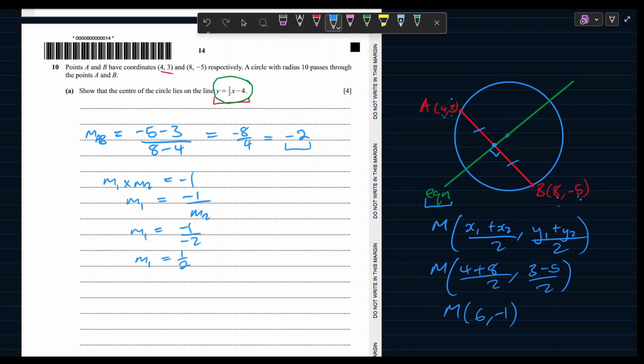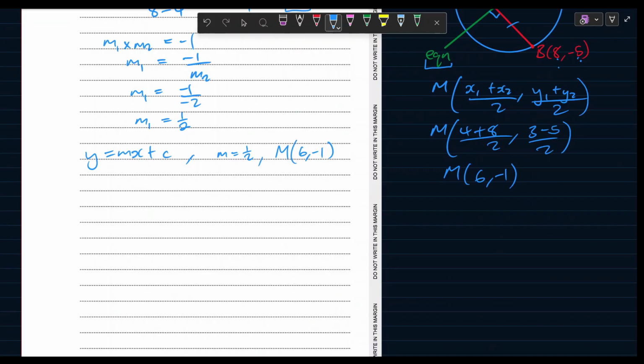All right. So now we've got the gradient of our perpendicular bisector as well as a point that lies on our perpendicular bisector. So let's use y equals mx plus c. So we know that our gradient m is going to be 1 over 2, and it passes through the midpoint with coordinates 6, -1. All right. So let's substitute so we can evaluate our constant c.